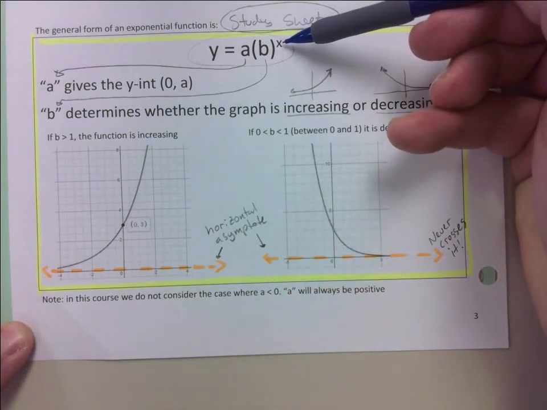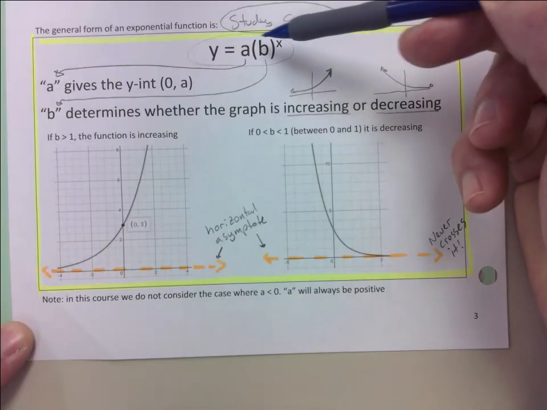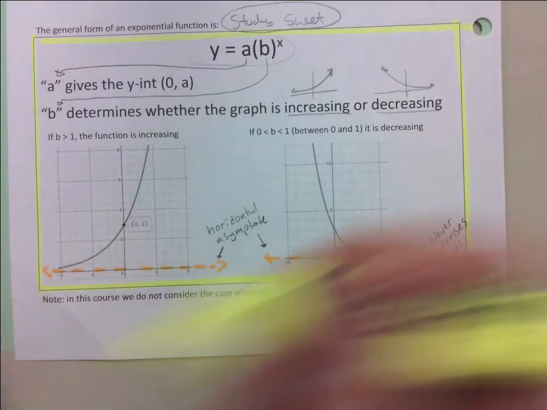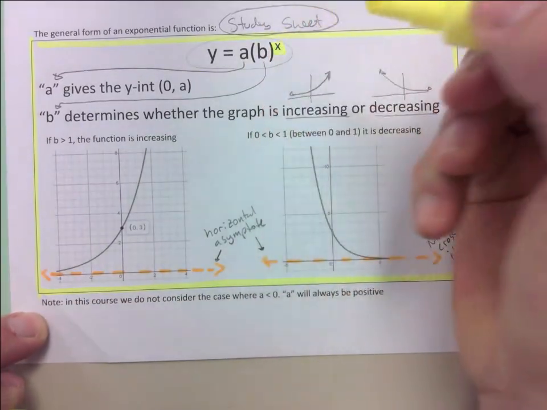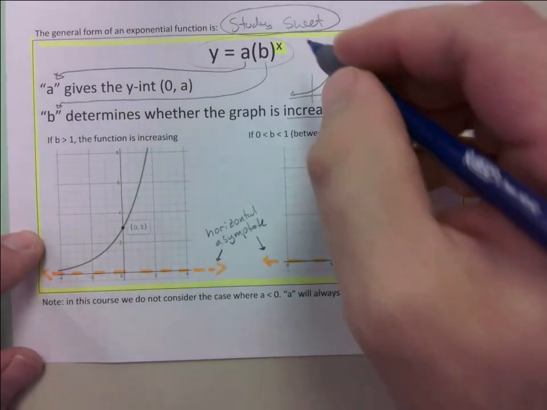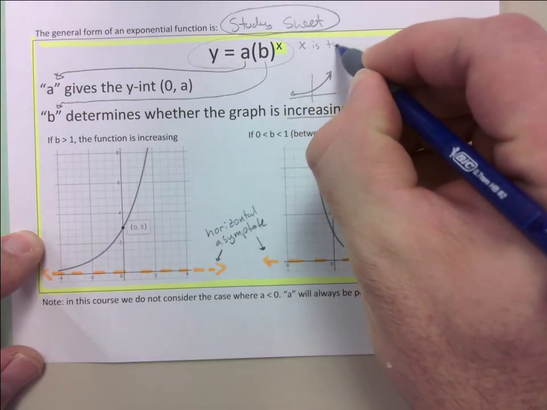The variable x is an exponent, right? That's when you know this is a specific case of the exponential. You cannot miss it. That's like a dead giveaway, right? That the x is the exponent.